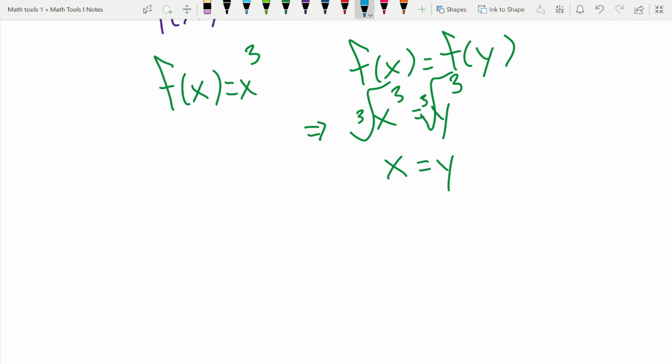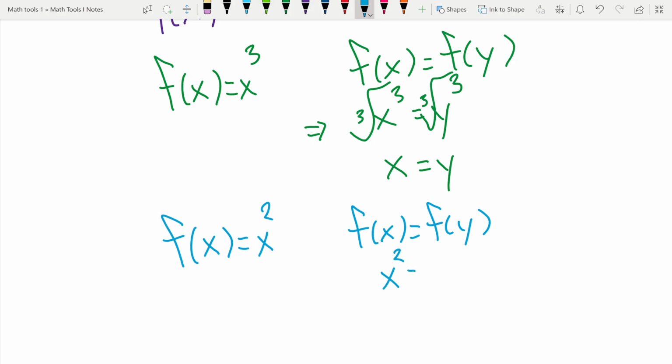If we algebraically tried this with the x squared function, for example, f of x equals f of y, x squared equals y squared, when we take the square root of both sides, we don't just get one answer. We get x equals plus or minus y. And we'll talk about this more in depth when we look at quadratic equations, but we kind of already saw an example of this with 2 and negative 2.